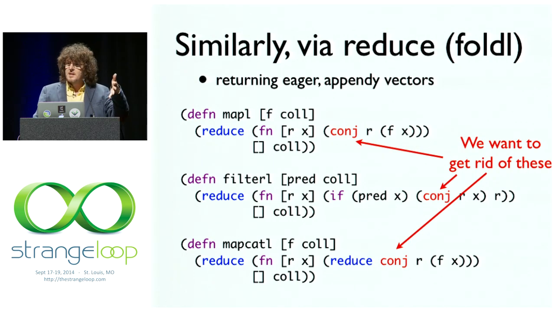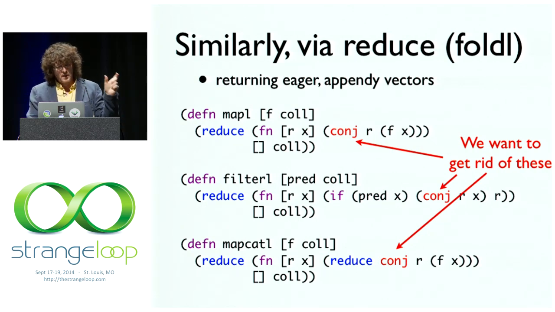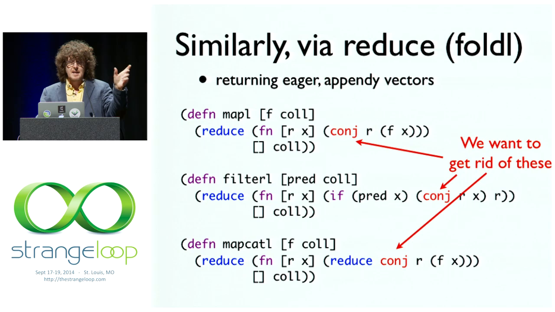This is specific stuff in the middle of a general idea. The general idea is just take stuff out. We don't want to know about conj. Maybe we want to do something different. Okay? So again, we have a lot of boilerplate. We have these essences, and the other critical thing is the essences can be expressed as reducing functions. Each of these little inner functions is exactly the same shape as conj.